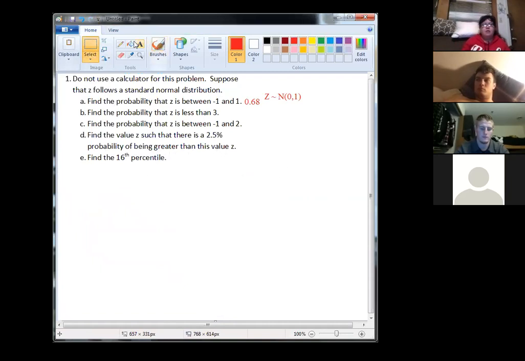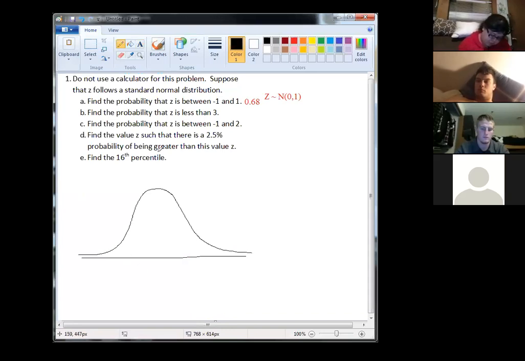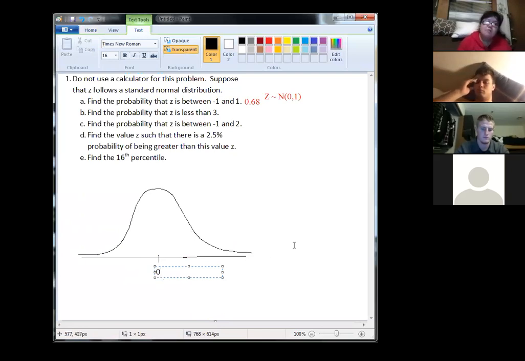And let's start anew. You'll notice we're always going to draw this normal curve. And then what we're going to do is put a 0 in there. Any questions so far?